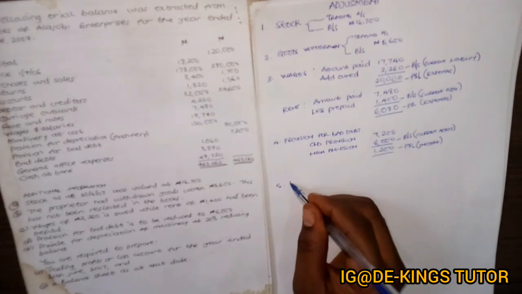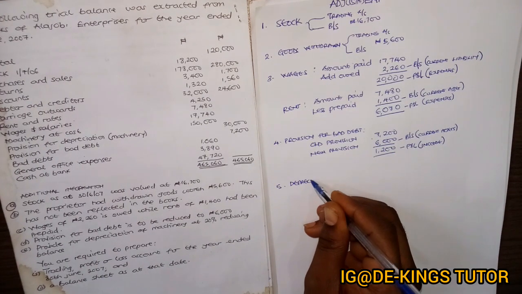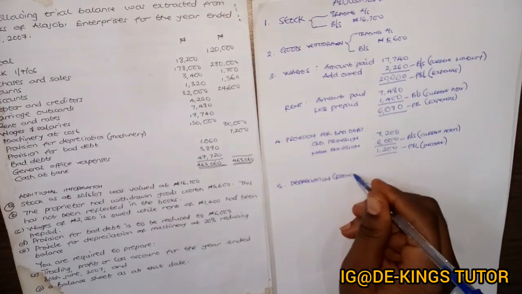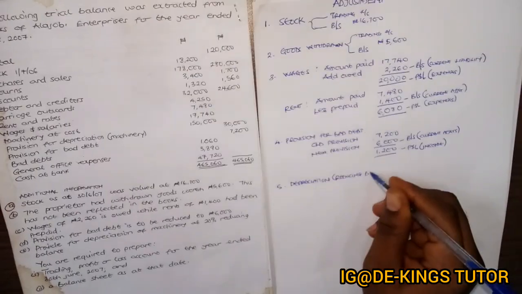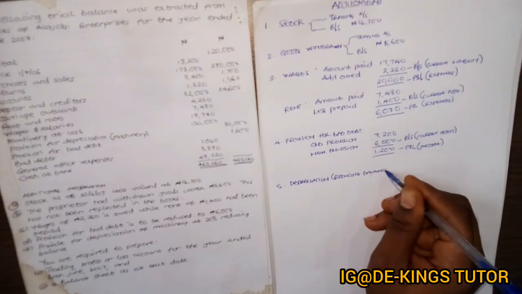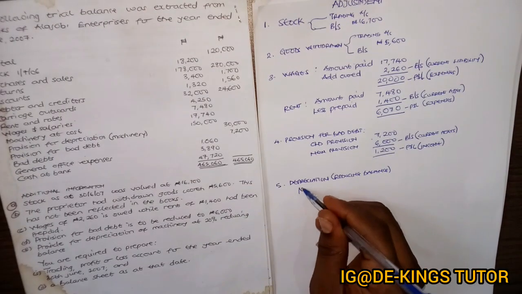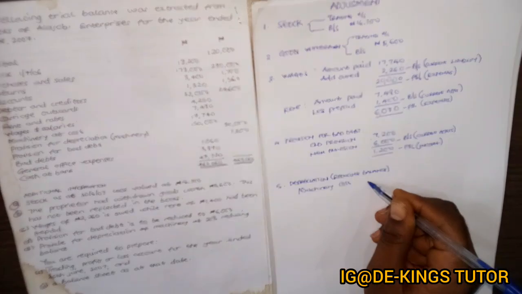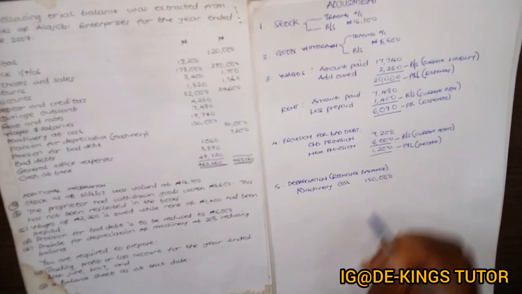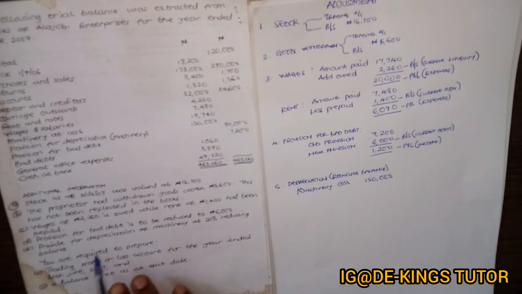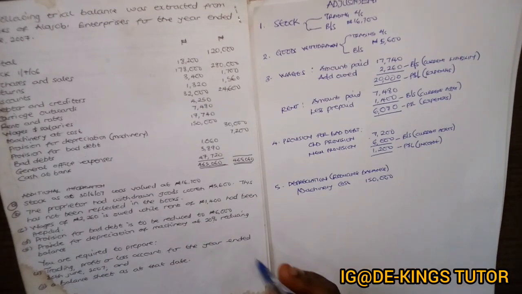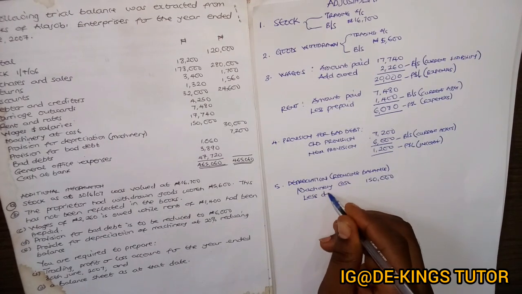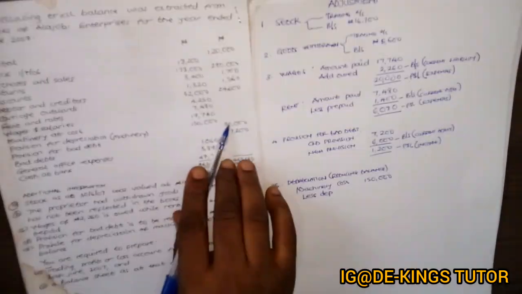So the first thing we are going to do with the reducing balance is this. Machinery cost is 150,000. If it was the straight line method, we would just calculate this 20% on this. But now they say reducing balance, it means we are going to deduct the depreciation that was there before.